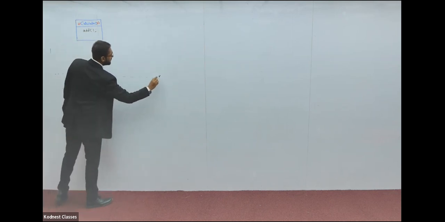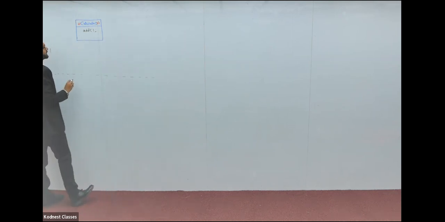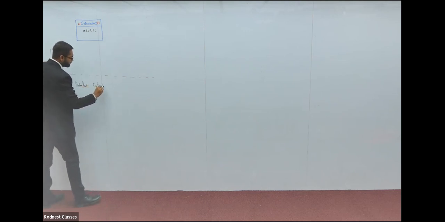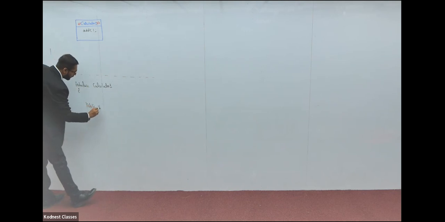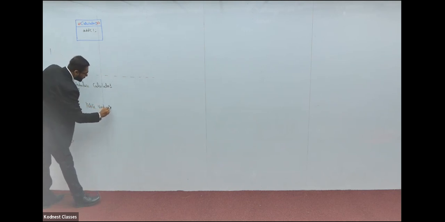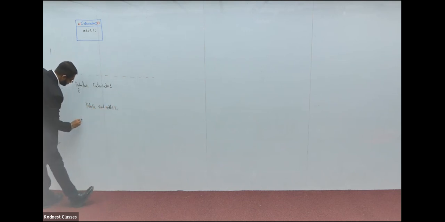The same thing if I want to code, I can code like this. This is that interface called Calculator1. In that I have one method called public void add. Correct?